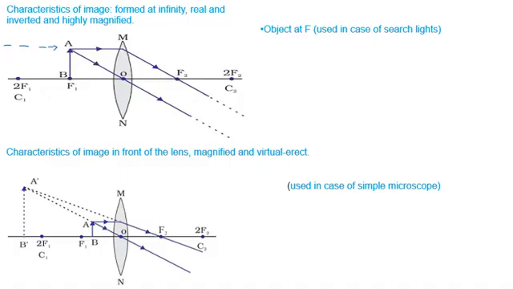rays, the one which is parallel to the principal axis, passes through the f2, and the other one passes through the optical center. And as we can see very clearly, these two lines are parallel to each other. We assume that somewhere at infinity these two rays are going to meet.